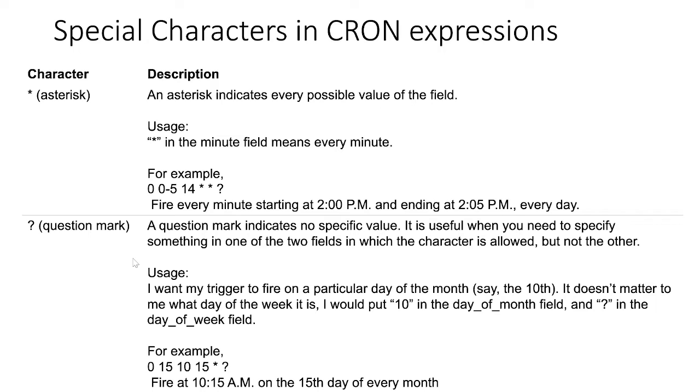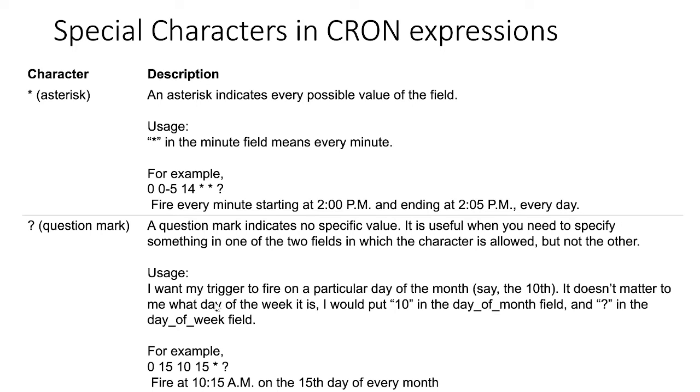And next is question mark. A question mark indicates no specific value. It is useful when you need to specify something in one of the two fields in which a character is allowed but not the other. Okay, if you look at this example, you will understand where to use this better. I want my trigger to fire on a particular day of the month. Say if you want to run it on the 10th of every month.